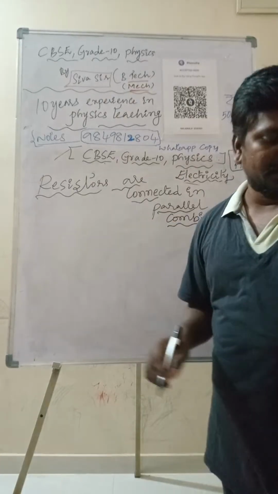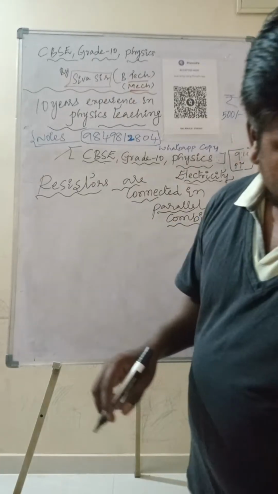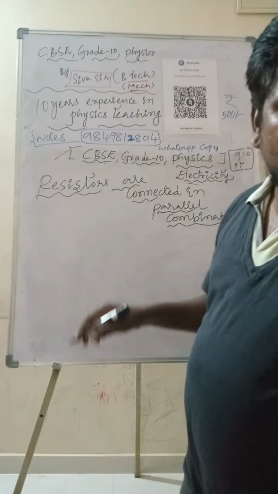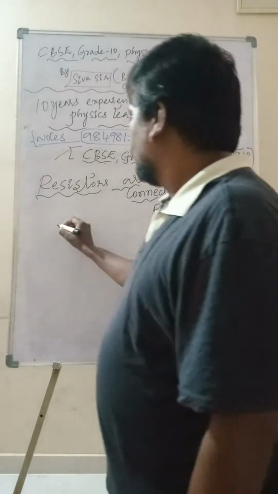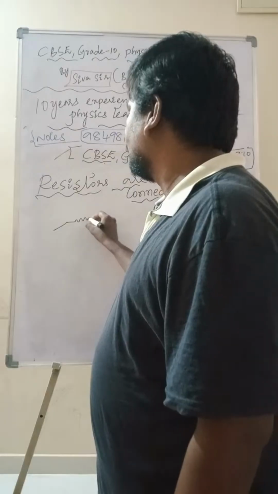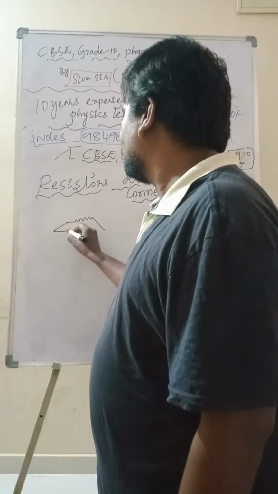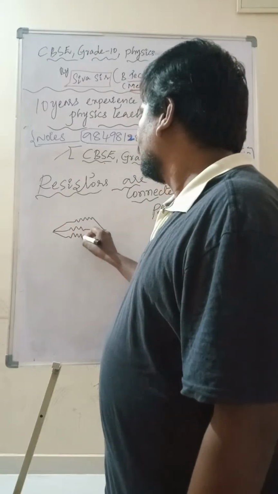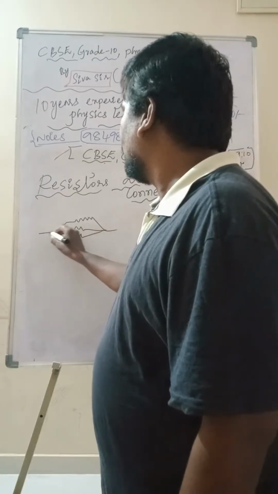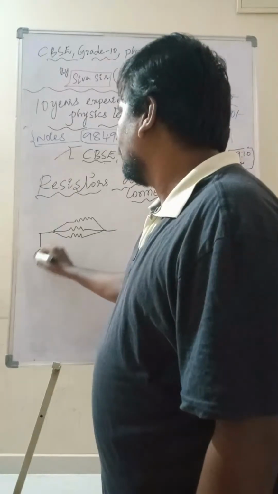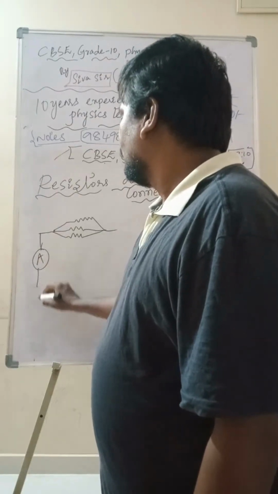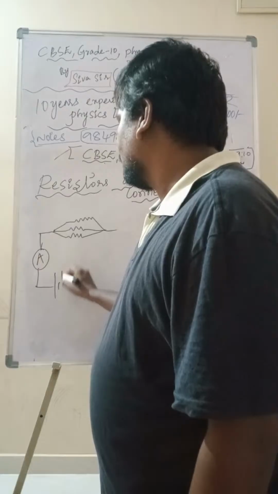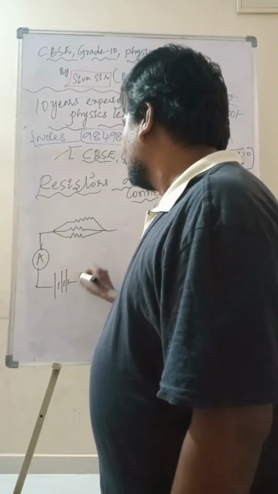Now you can observe here: this is one resistor, this is one more resistor, this is another resistor. So these three are connected. I am taking this ammeter here, then the battery and switch.